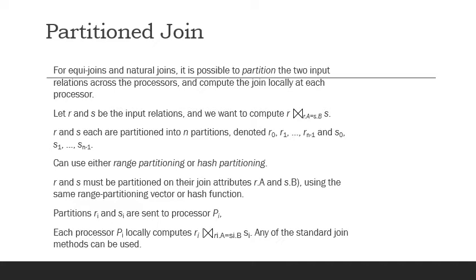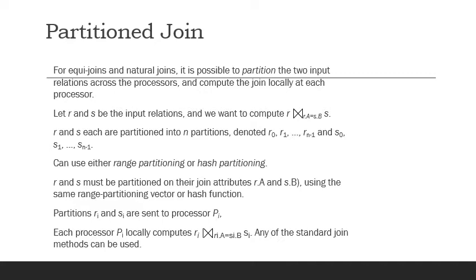The system partitions the relations R and S each into n partitions, denoted R0, R1, etc. to Rn-1 and S0, S1, etc. to Sn-1. The system sends partitions Ri and Si to the processor Pi, where their join is computed locally. The partition join technique works correctly only if the join is an equijoin.